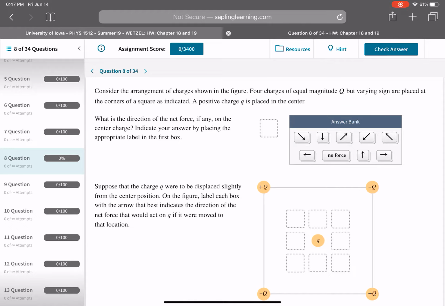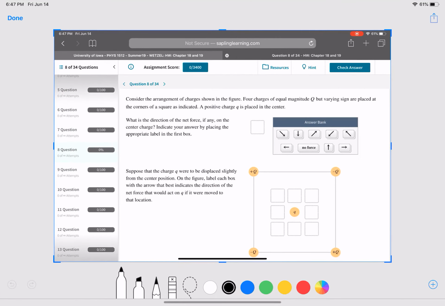Number 8, we've got an arrangement of charges here, and let's take a look at this. We've got a positively charged Q in the center, and then plus Q, minus Q, plus Q, minus Q. The question is, what direction is the net force on the center charge?